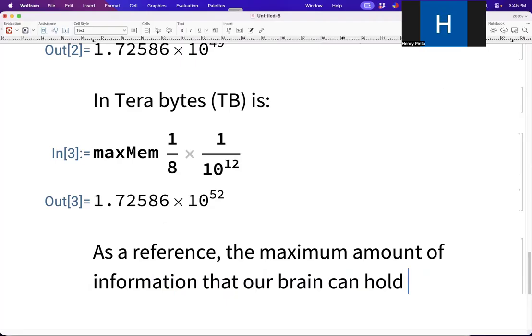That, based on some stats, is around 2.6 times 10 to the 42. You see, this is bits.